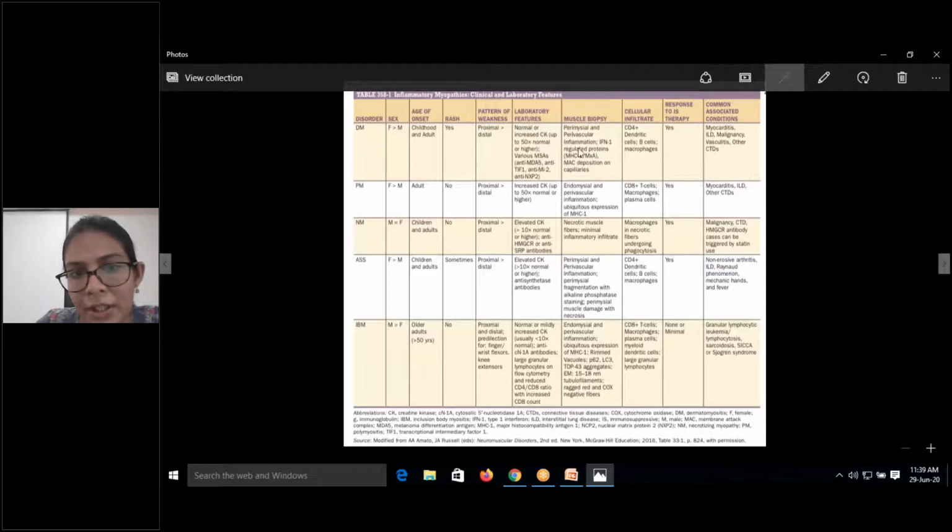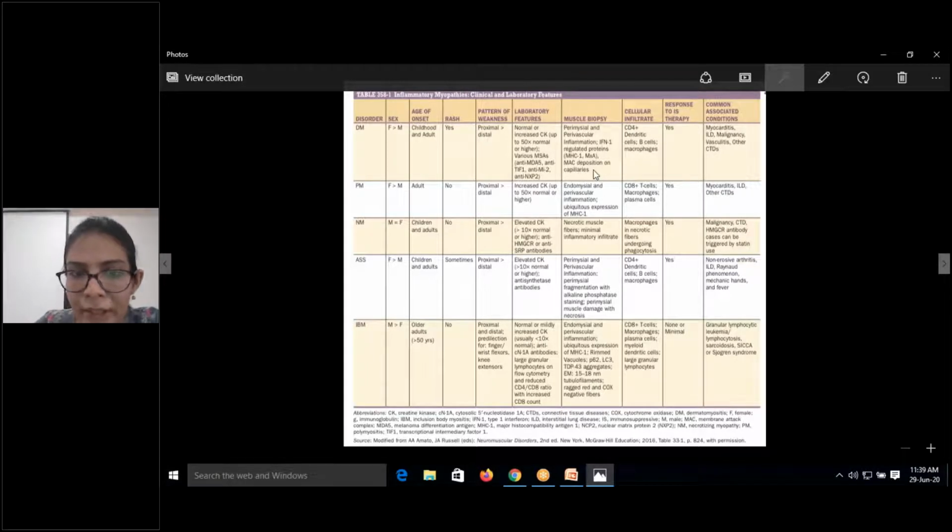Muscle biopsy in dermatomyositis can show perimysial and perivascular inflammation. Interferon type 1 regulated proteins like MHC1 and MHC2 are usually present, and the membrane attack complex is deposited in the capillaries.